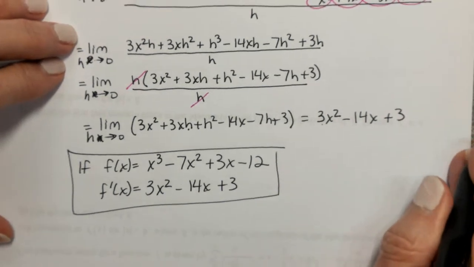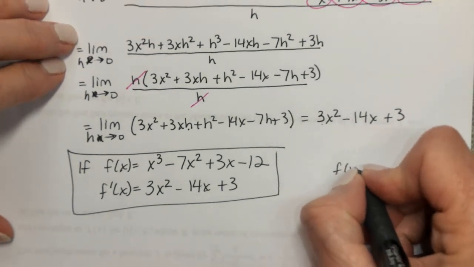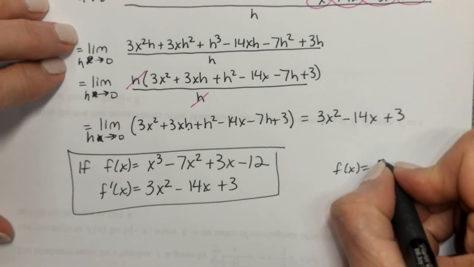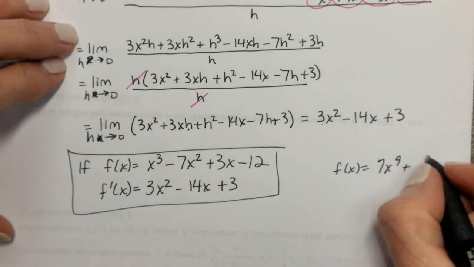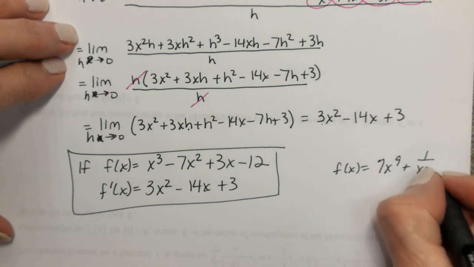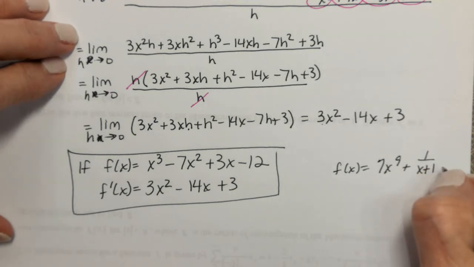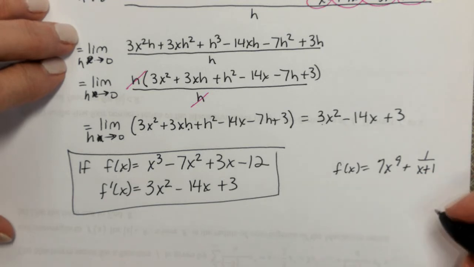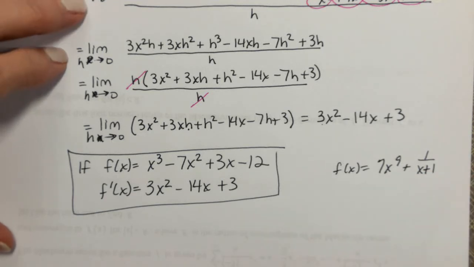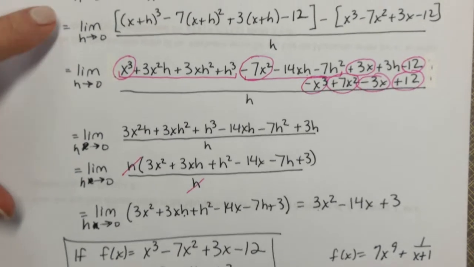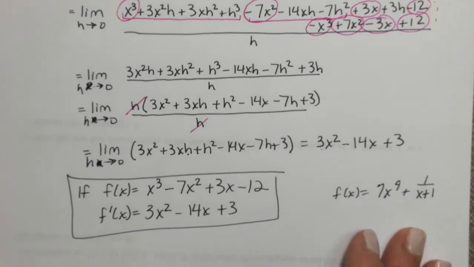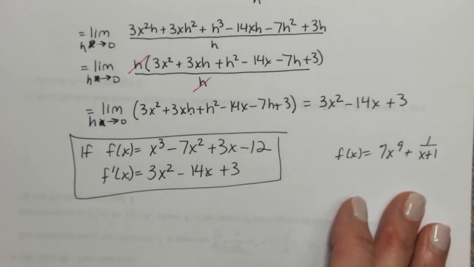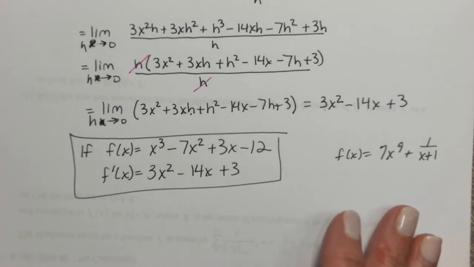Can you imagine if we had a function that was 7x to the 9th plus other things, 1 over x plus 1, bunches of other things. How tedious that would get. How tedious the definition of derivative work becomes. It becomes very tedious. Is it impossible? No, we could do it. But it is very tedious. It's very easy to make mistakes.